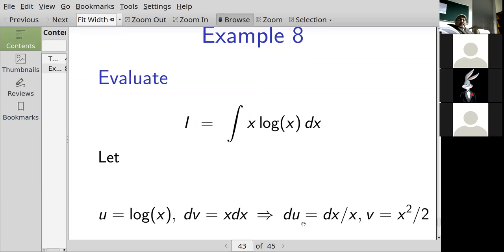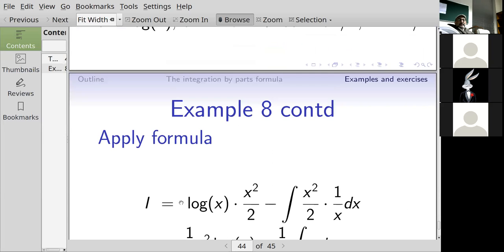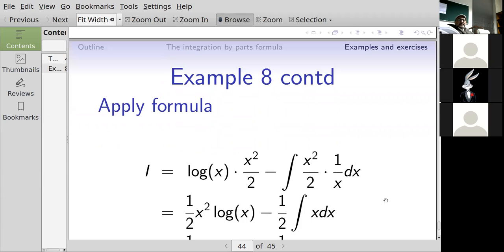That gives me du is equal to the differential of log, which is 1 over x dx. And if dv was x dx, then v is equal to x squared over 2. Okay? So then I is equal to uv, log of x times x squared over 2, minus the integral of v, x squared over 2, times du, which is 1 over x dx.